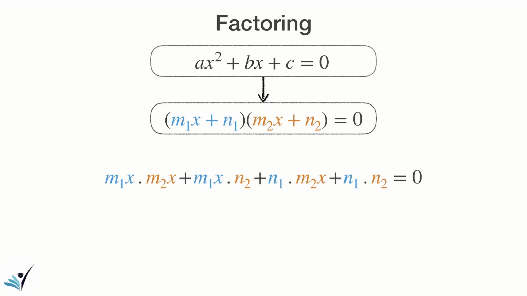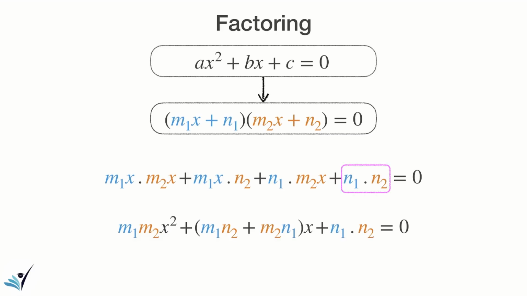If we further simplify this expression, m1x times m2x is equal to m1 times m2 times x squared, plus, for the second and third terms, we have the common x multiplier, so we can combine them and write it as (m1 n2 plus m2 n1) times x. And finally we have the last term, n1 times n2, equals 0.